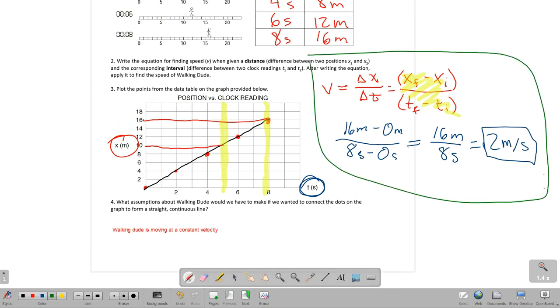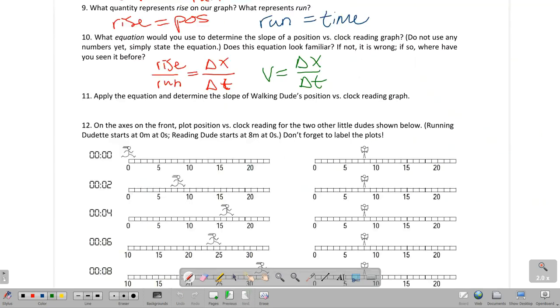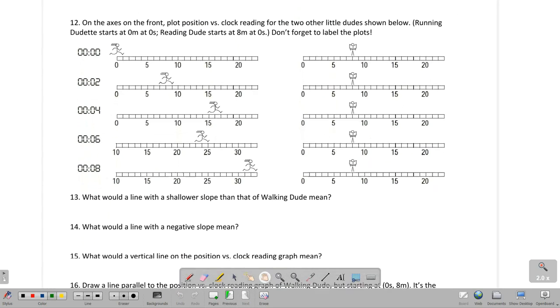We looked at little dude's change in position over time, and we determined that the speed was 2 meters per second. And so the next thing here is just that you recognize that the slope of a position versus time graph is going to be your speed or velocity. Okay, so we'll go ahead and move on here.